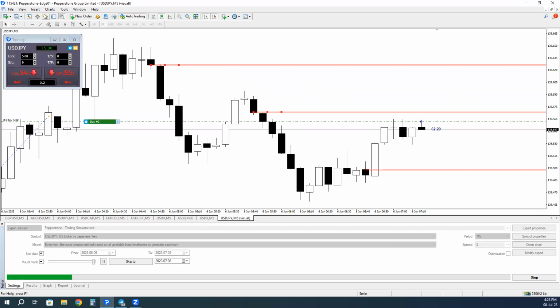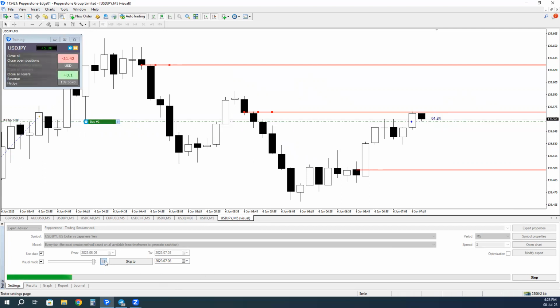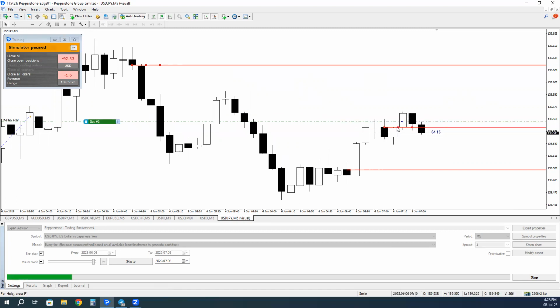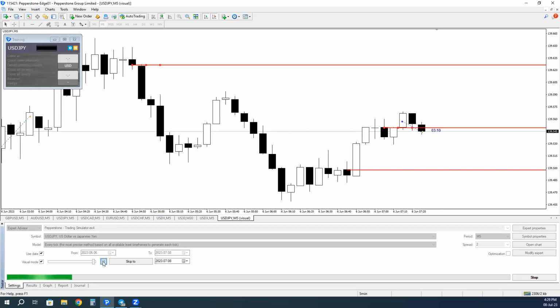Right. A bit late on that one. But see how it runs into issues right at that point? Yeah. So our new point is going to be right here. Realistically, I'll take that loss at 1.6 pips.